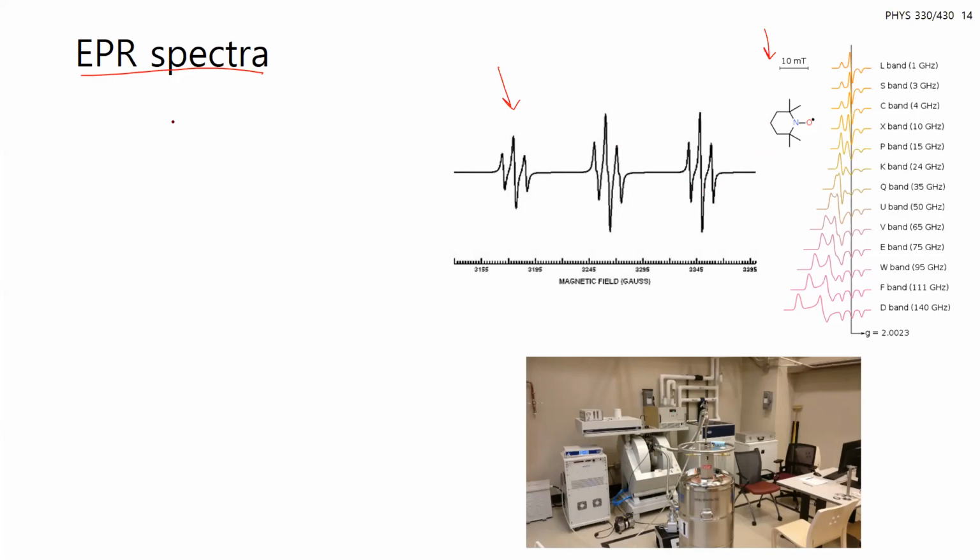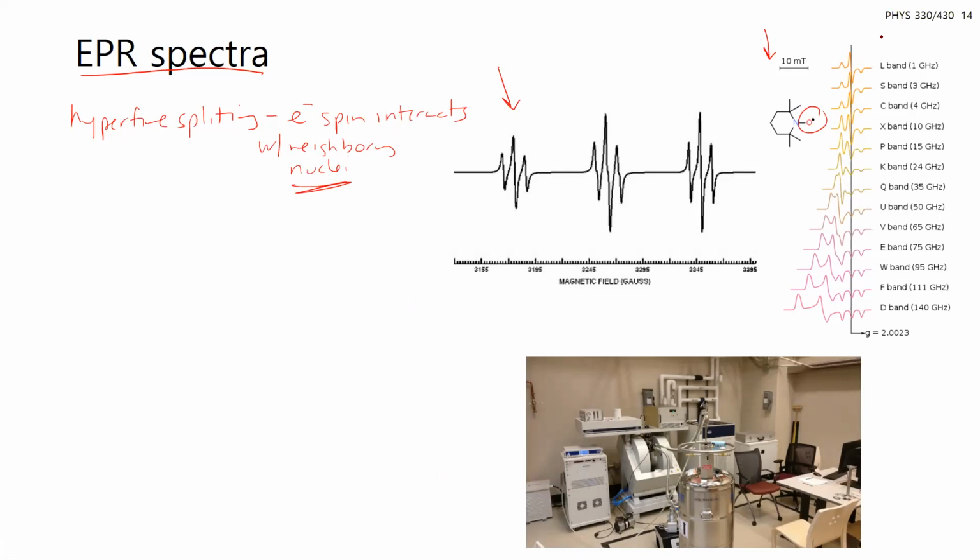This is called the hyperfine splitting, which shows how the electron spin interacts with neighboring nuclei. So again, this gives you atomic level information because it's looking at the local environment of this very specific one electron that's present.